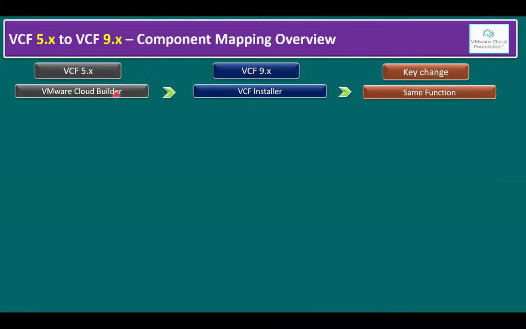Compared to VMware Cloud Builder, the size is approximately 20 gig, but the VCF installer is approximately 2 gig. But the functionality is the same. We can use the VCF installer, same functionality both ways. It's used for a VCF setup or deployment purpose. So the VCF installer simplifies the deployment and configuration process.